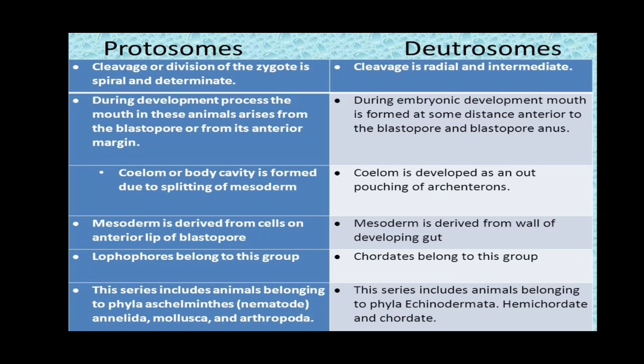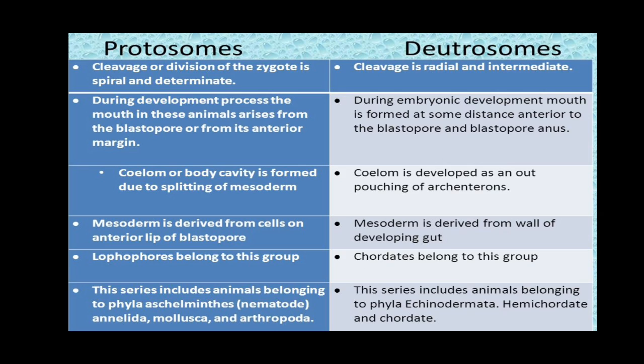The organisms which belong to protostomes are mollusks, annelids, and arthropods, which are the invertebrates. And the animals that belong to deuterostomes are chordates, which are the vertebrates.